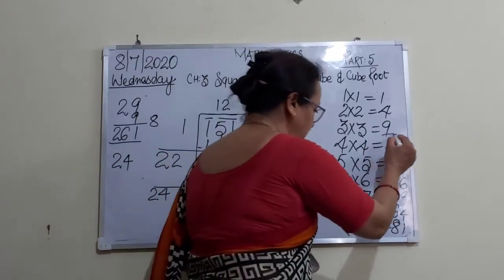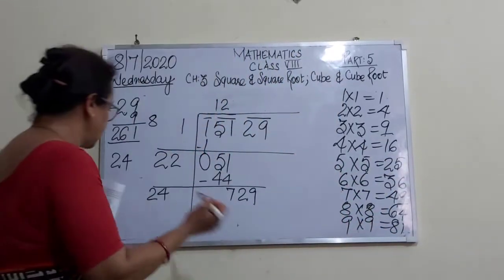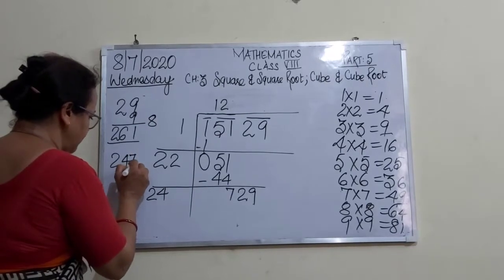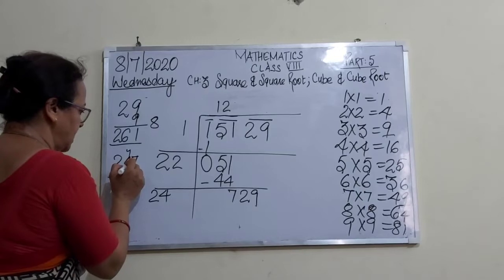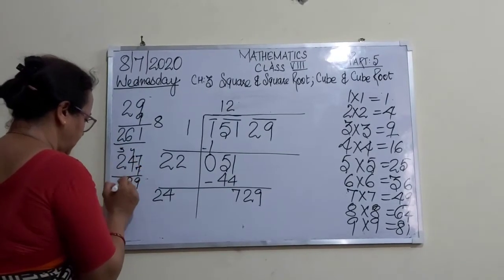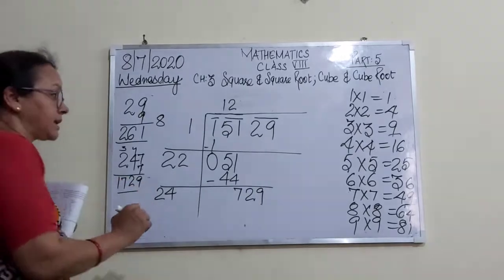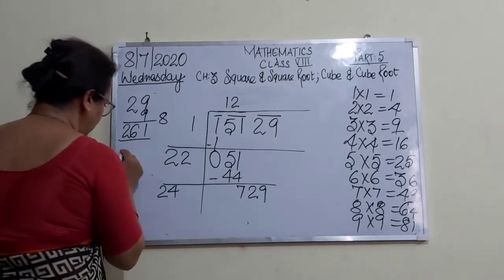See, 3 and 7. Let's see with 7. 7 sevens are 49, 9, carry 4, 7 fours are 28 and 4 is 32, 2, 3, 7 twos are 14 and 3 is 17. This is too big a number. So now we will check 24 with 3.